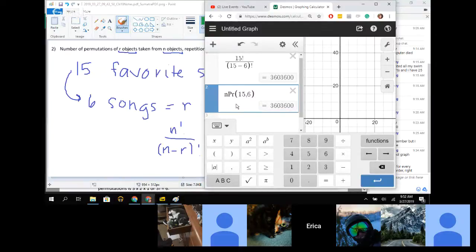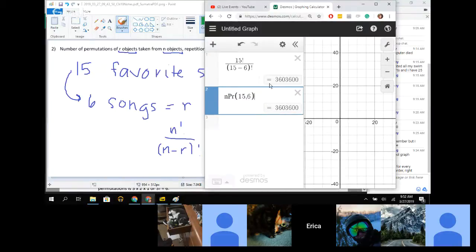You can see that it calculates the same number. There's also an nCr that represents combinations. The P stands for permutations. The C, which is in 10.2, stands for combinations. That's the difference between the two.